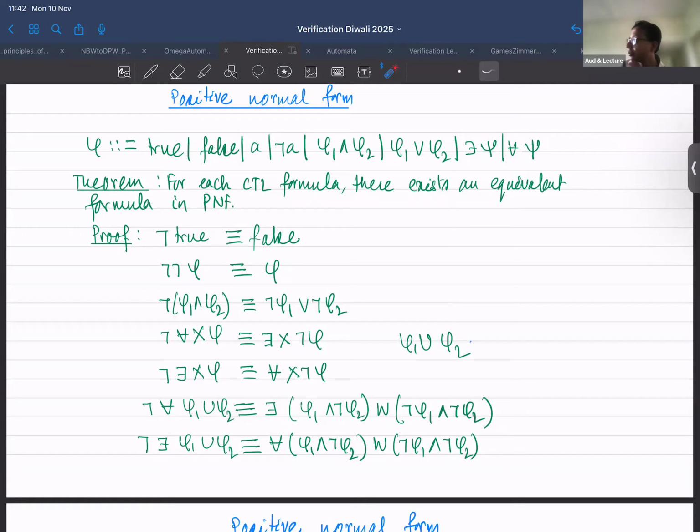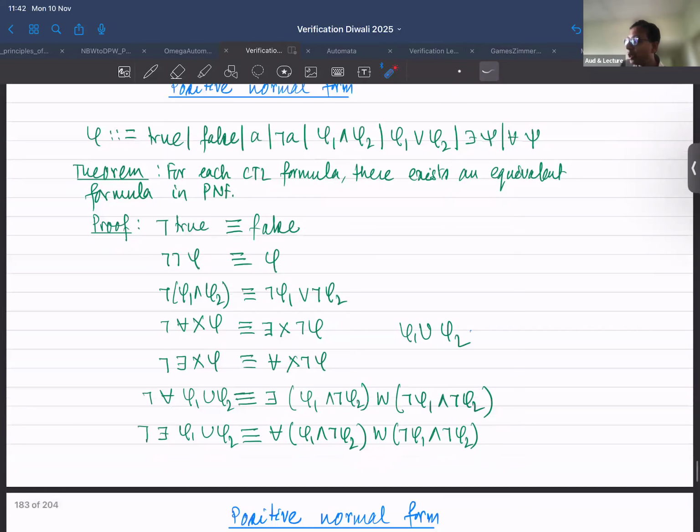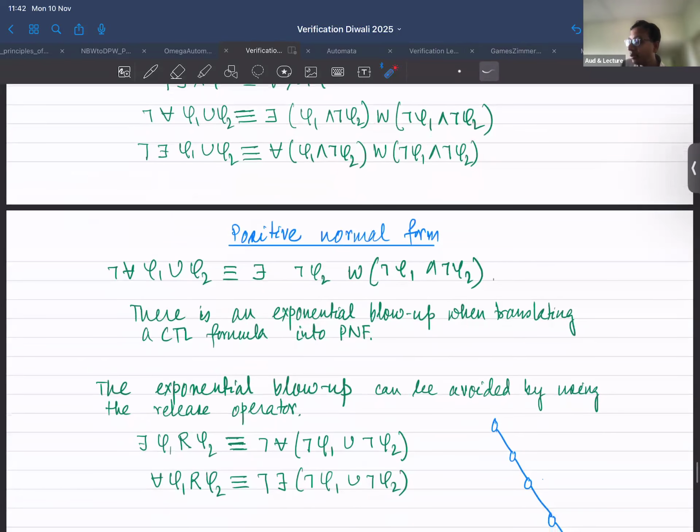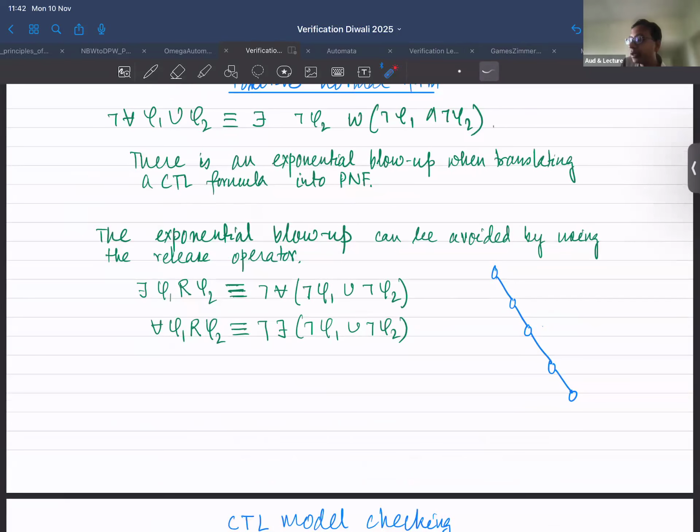This kind of thing we saw when we translated LTL formulas into their positive normal form. So in order to avoid such exponential blow ups, what we also had were these release formulas, right? The release was one thing with which we could avoid this exponential blow up.